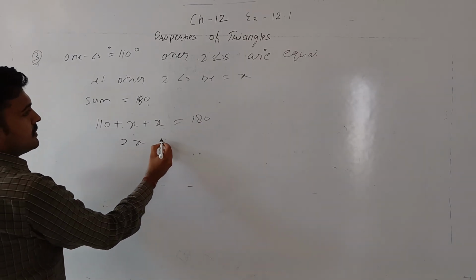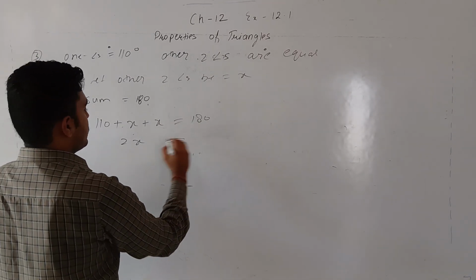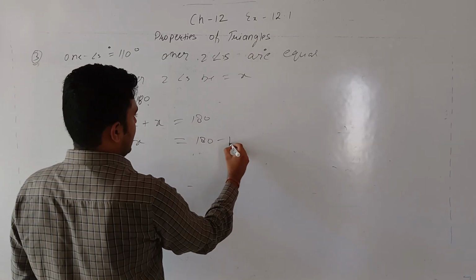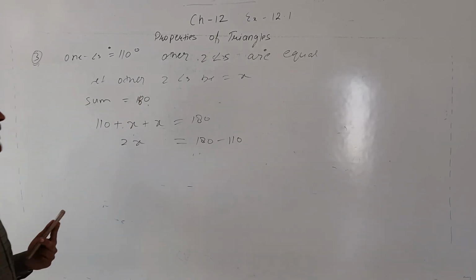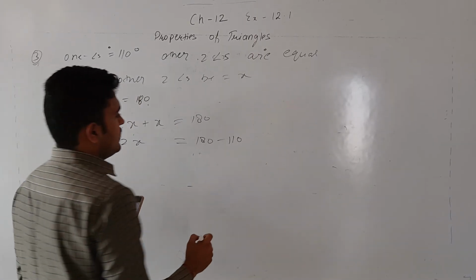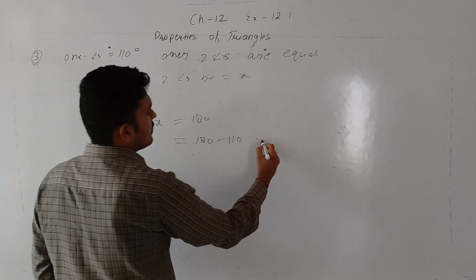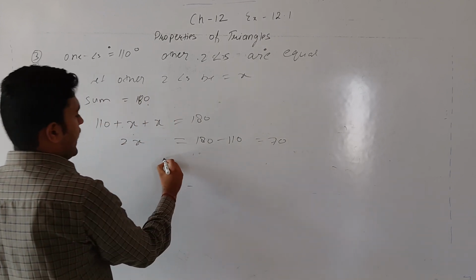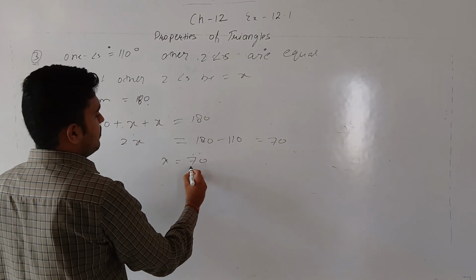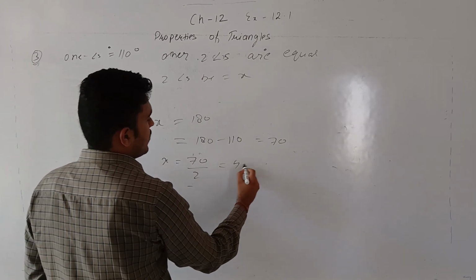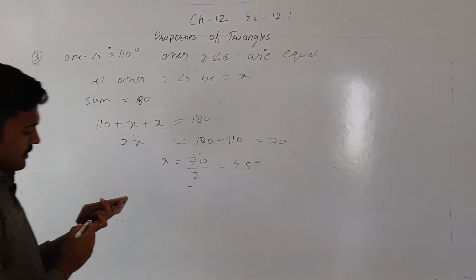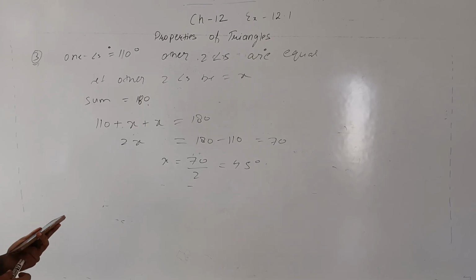Therefore 2x is equal to 180 minus 110. So 180 minus 110 comes out to be 70. 2x is equal to 70. Therefore, x is equal to 70 upon 2, which is equal to 35 degree.